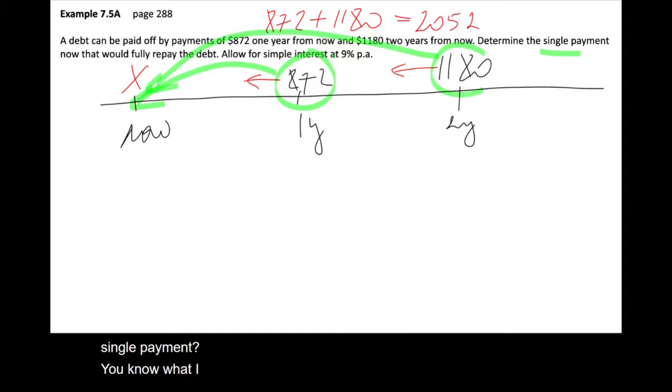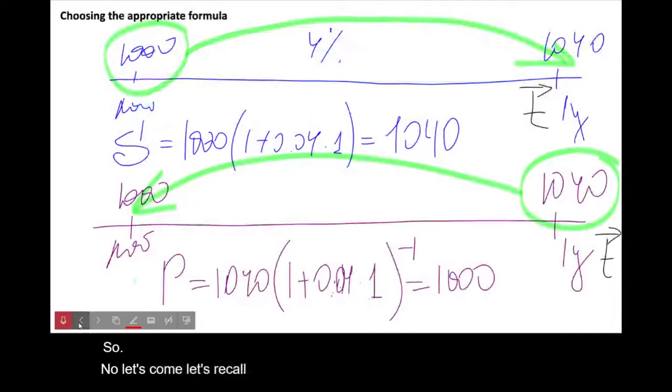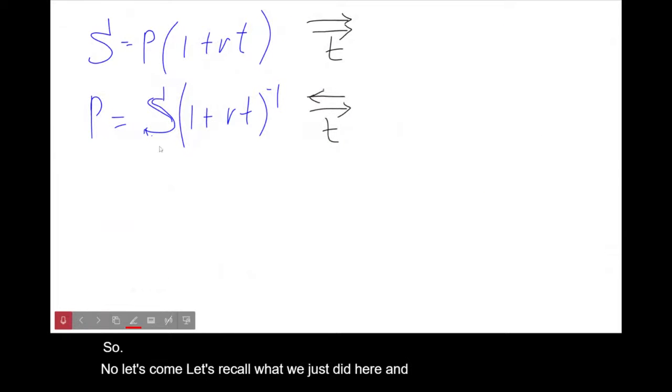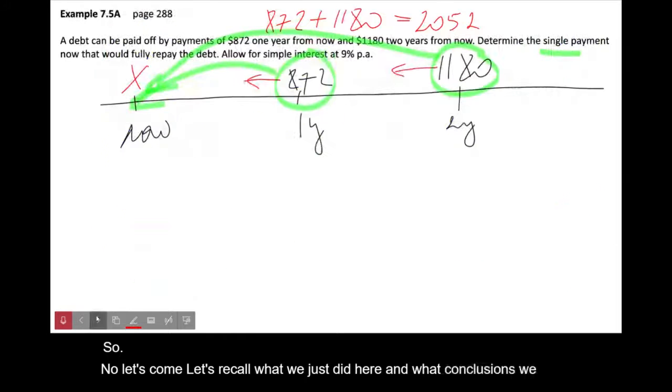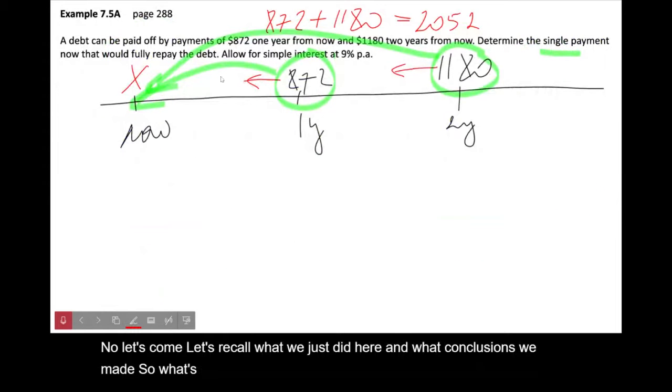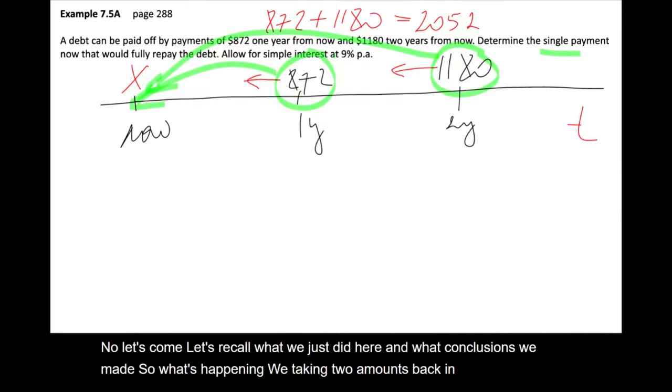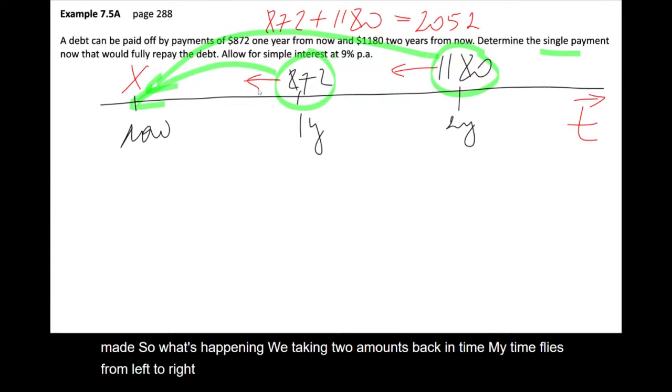So now let's recall what we just did and what conclusions we made. We're taking two amounts back in time. My time flies from left to right, and I'm moving money in the opposite direction to time.